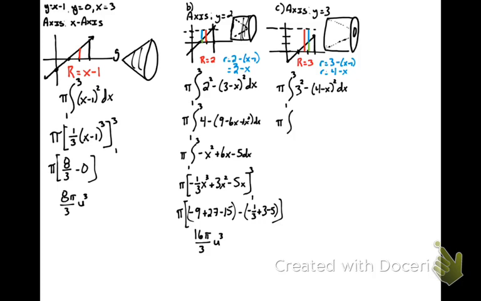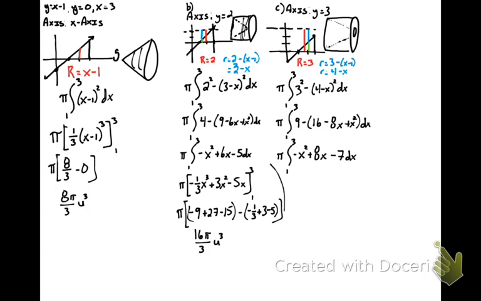So we'll have 1 to 3 of 9 minus (16 minus 8x plus x squared) dx, which cleans up to the integral from 1 to 3 of negative x squared plus 8x minus 7 dx.